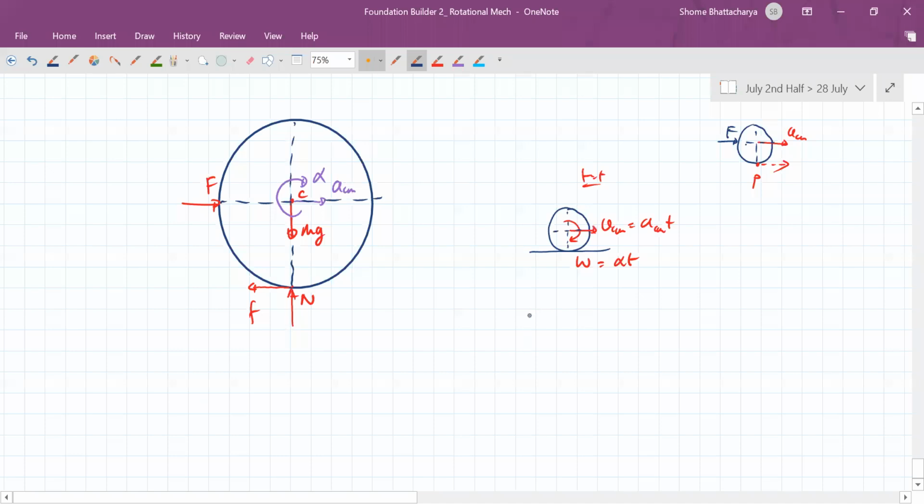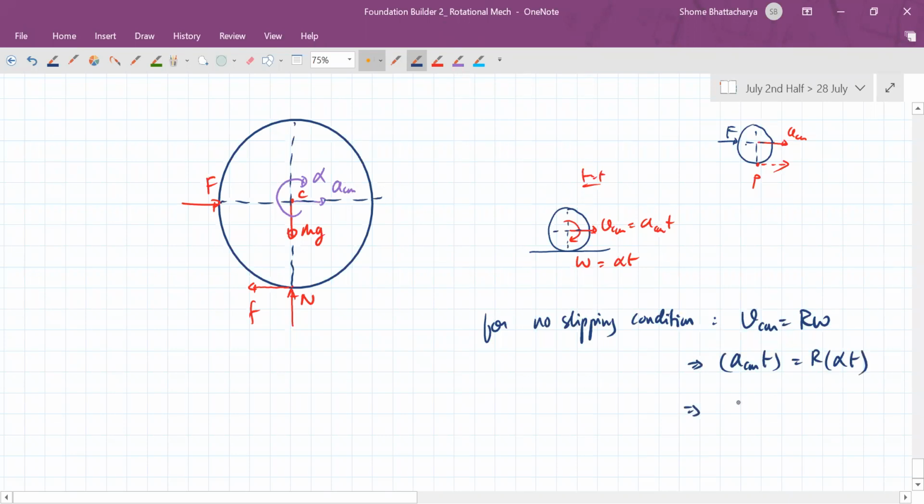Okay. So the first thing is the no slipping condition, that is VCM should be equal to R omega. Now VCM is acceleration of the center of mass into time. Omega is angular acceleration into time.